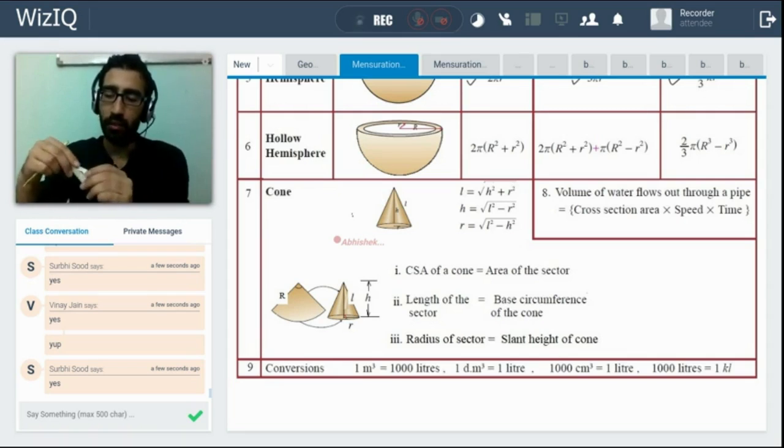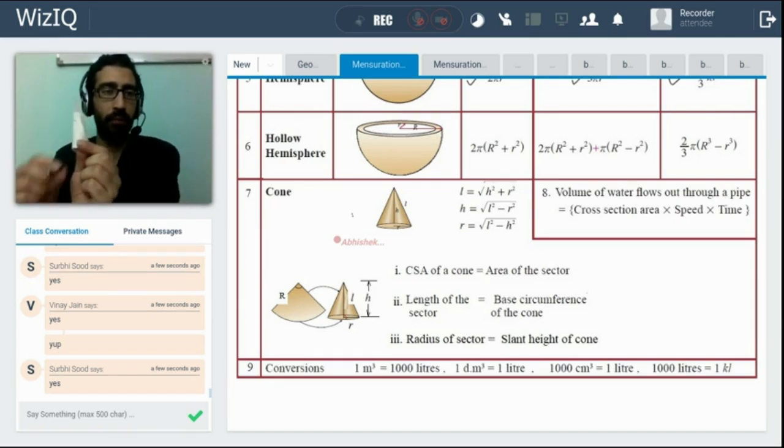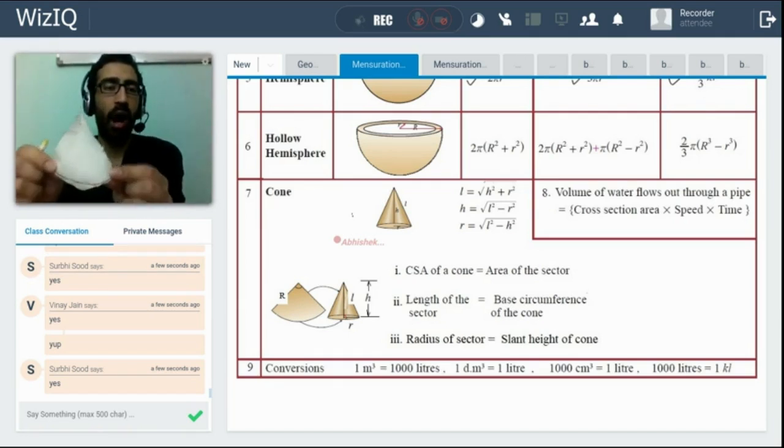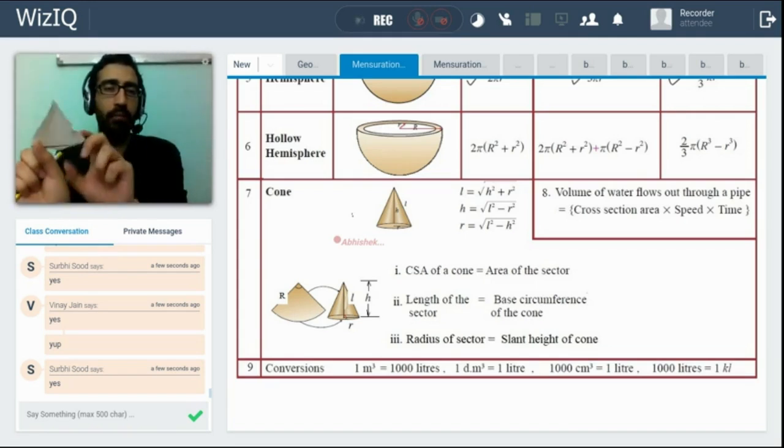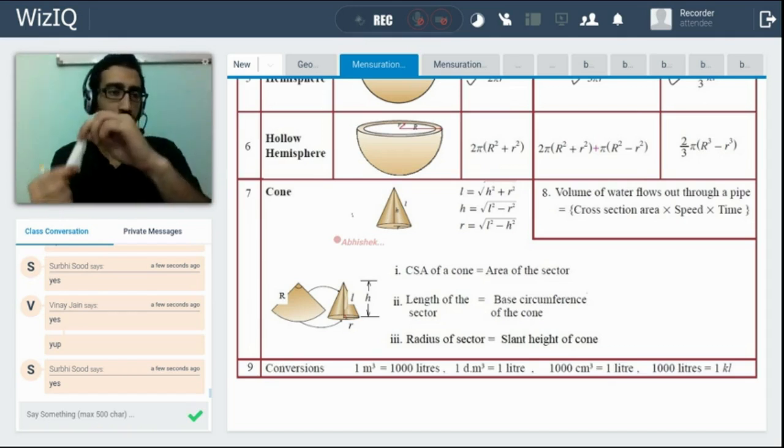And what essentially this means is the length of the arc at the bottom becomes the circumference of your cone.